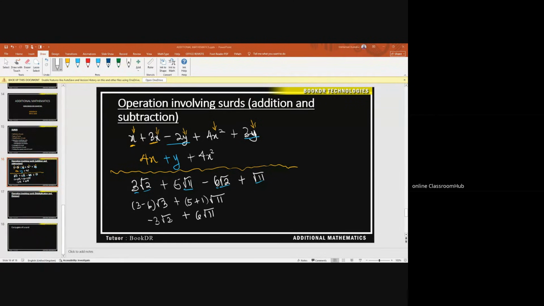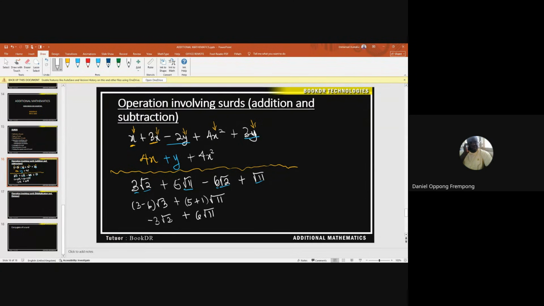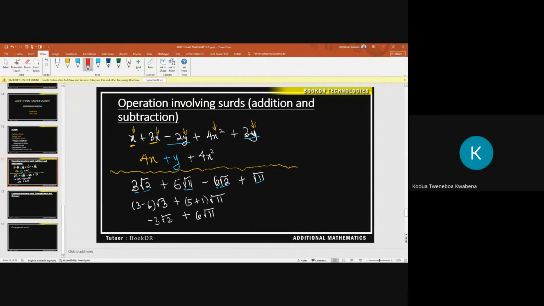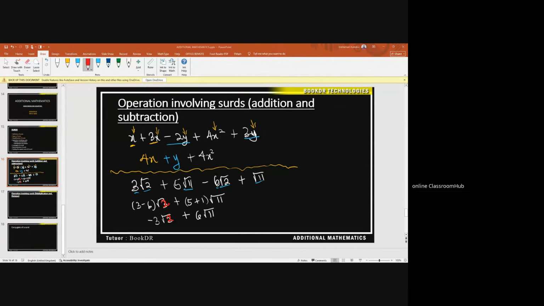Let's see. 3 minus what? Sorry, it's supposed to be root 2. Thank you very much. Are you okay? Yes, sir. Good. So sorry for that. It's supposed to be root 2.